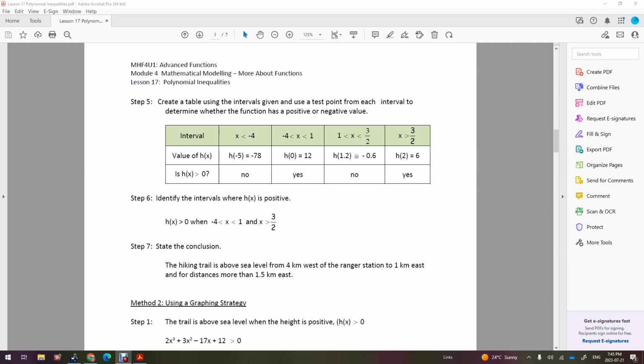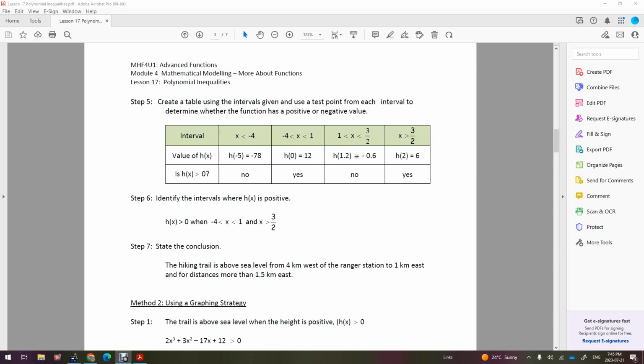I get the value, and it's 12. And it's within my requirement of h at x being greater than 0. 12 is greater than 0. Continuing on, I take a point, 1.2, which gives me negative 0.6. So it's not in my area. And for x greater than 3 over 2, the result works out to be 6, and it is yes.